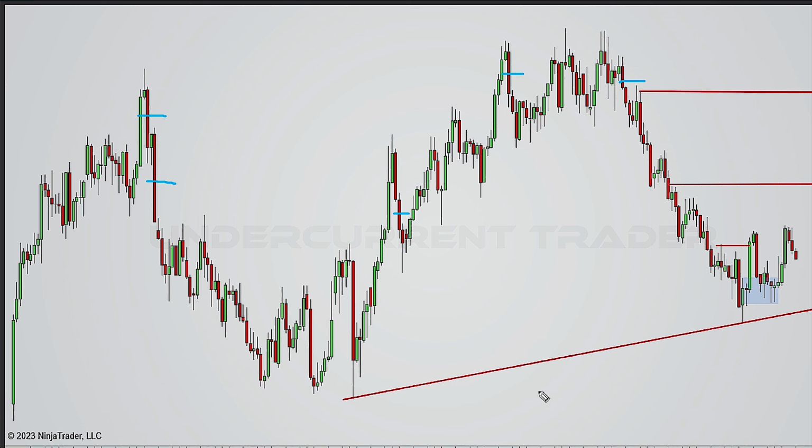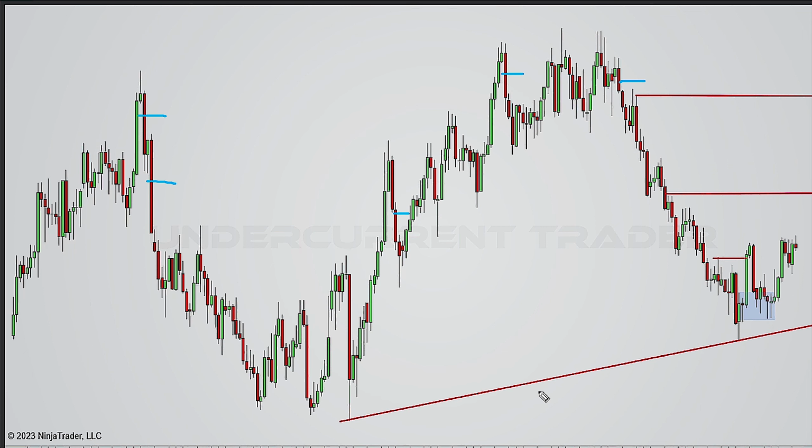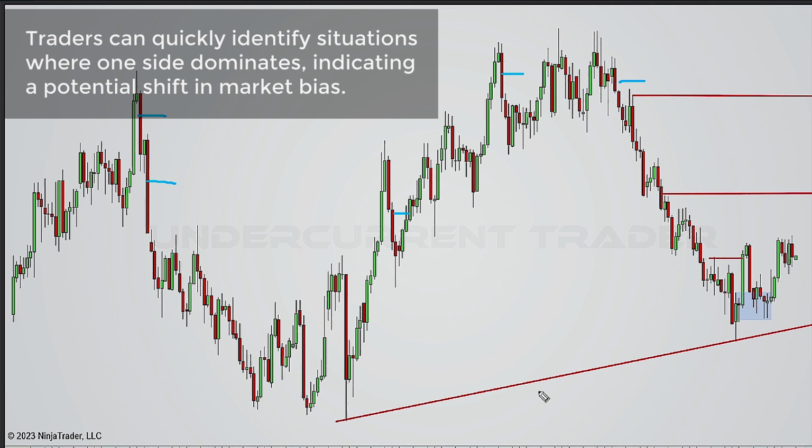Which means the ability to spot these unique patterns with ease, without relying on complex indicators or tools, sets them apart. Said in another way, by simply monitoring the ratio of buying to selling orders, traders can quickly identify situations where one side dominates, indicating a potential shift in market bias.